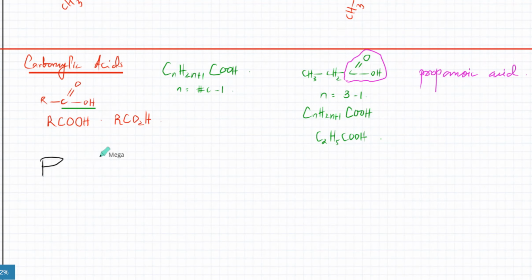Achha, now the properties. So the properties are very similar to alcohols. And when we talk about properties, we basically talk about the physical properties. So they are similar to alcohols.